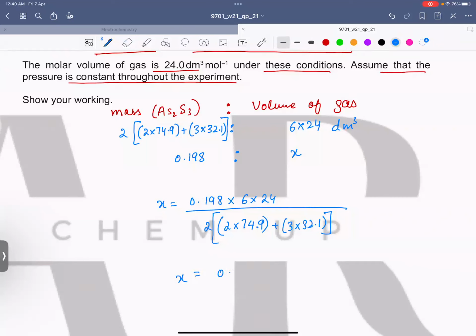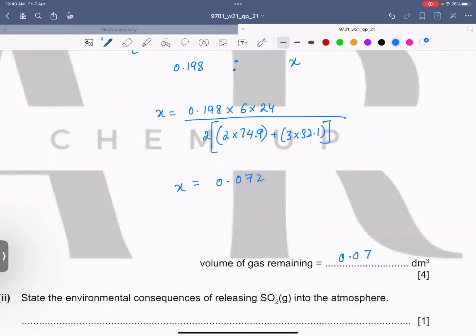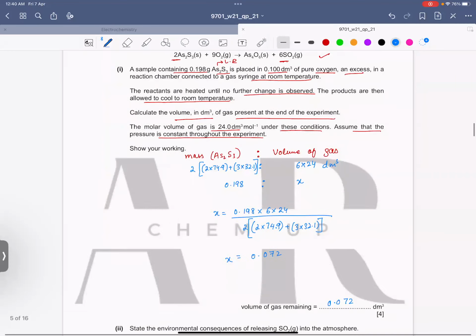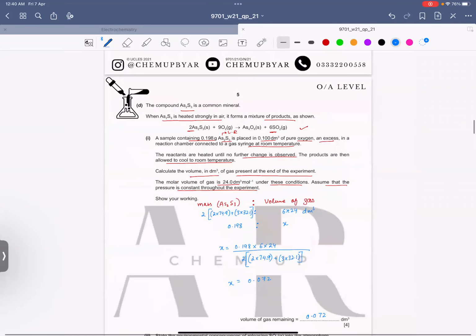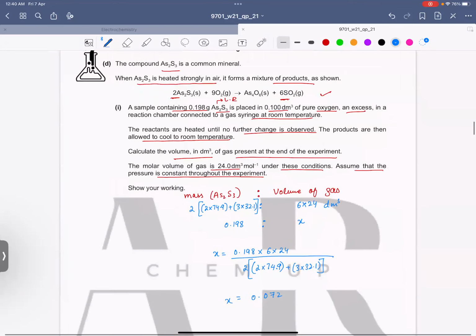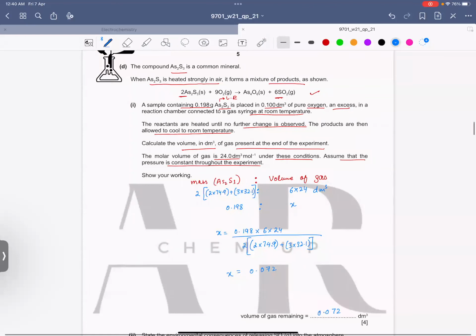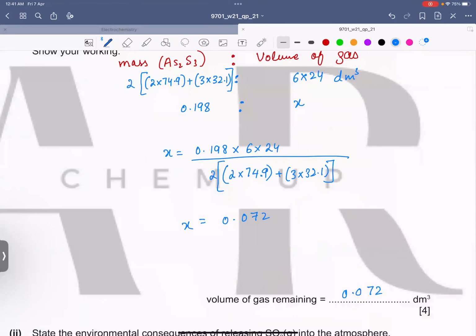Yes. So it would be 0.072 dm3. Is this question understandable to everyone? If anyone has any doubt or query, do ask. Is this question clear to everyone? Yes, sir.